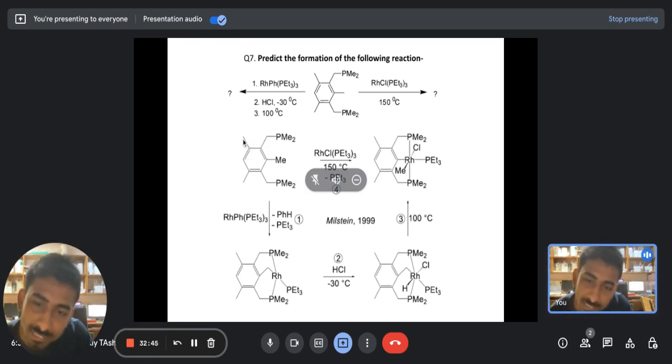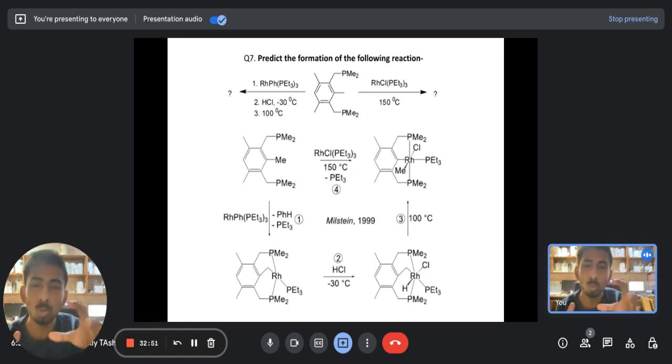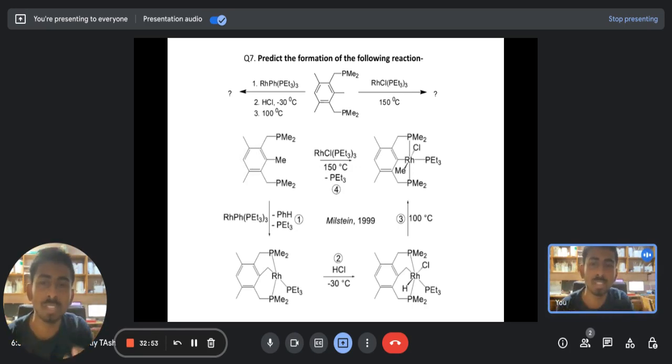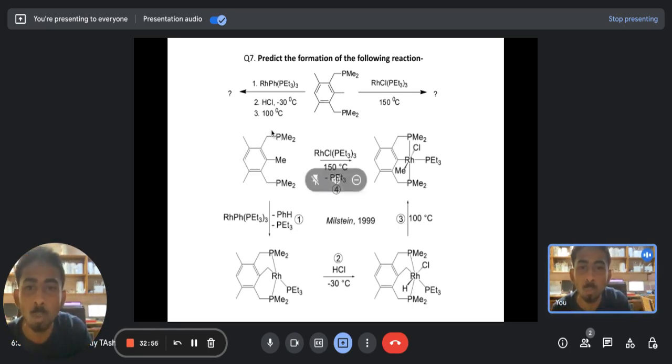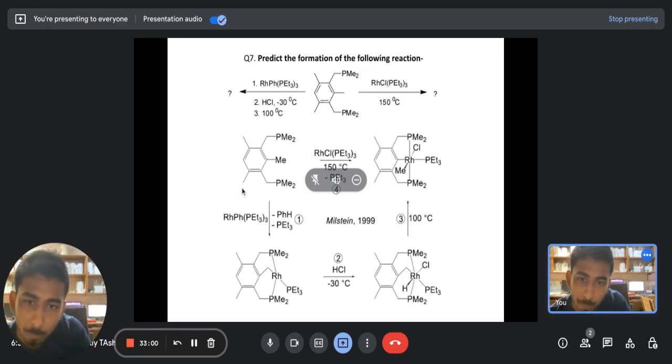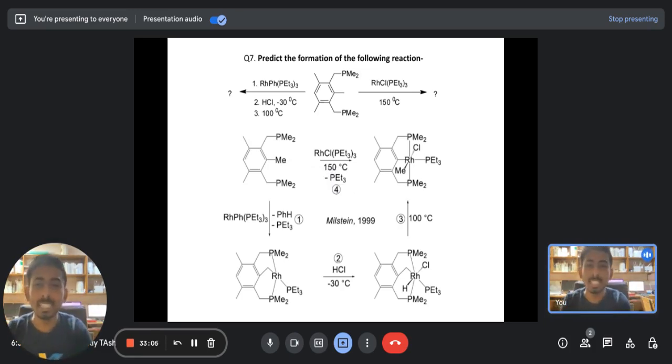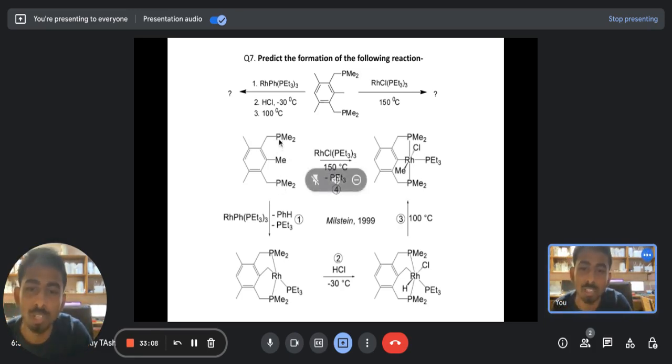You see, if these C-C bonds got activated, then the rhodium would not get any anchoring atom to get bound to and satisfy its electron count, because the PMe2 groups are far from these two methyl groups. But this C-Me bond is residing quite nicely between two anchoring phosphorus groups.